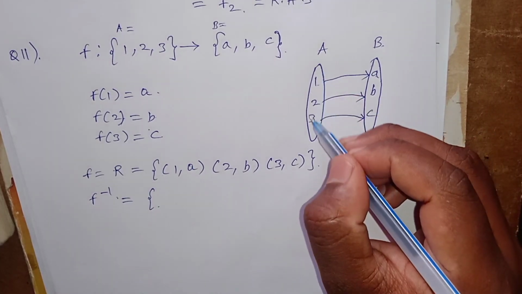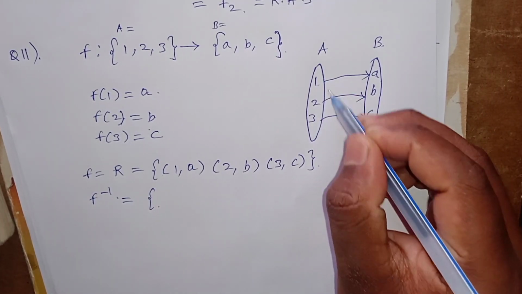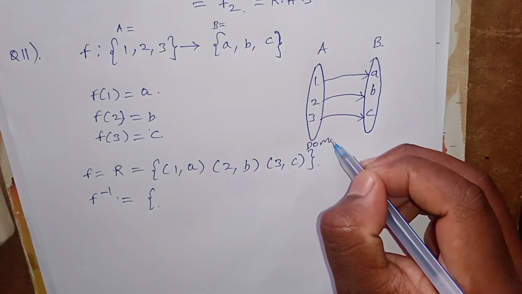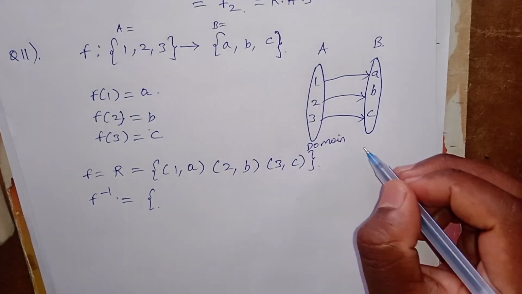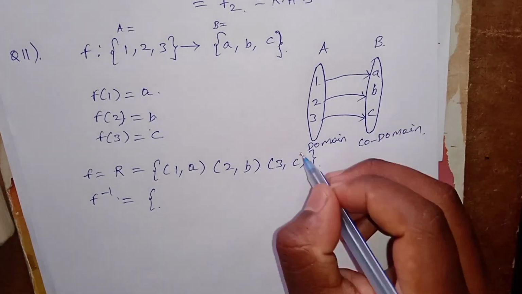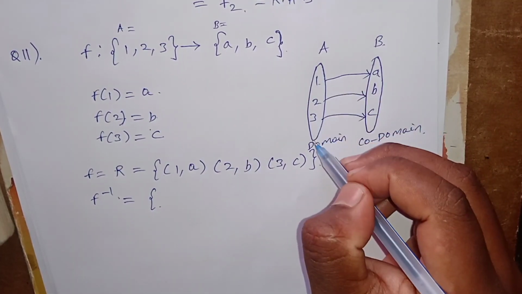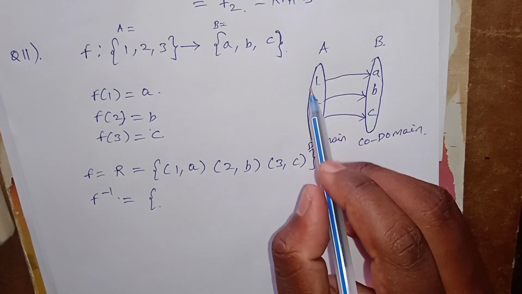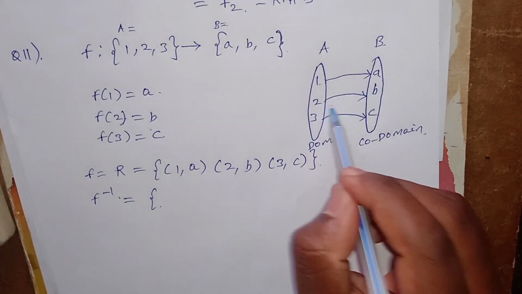See here, for checking one-one you should check the domain. For checking onto you have to check the codomain. For one-one, every term in set A should be mapped one to one.